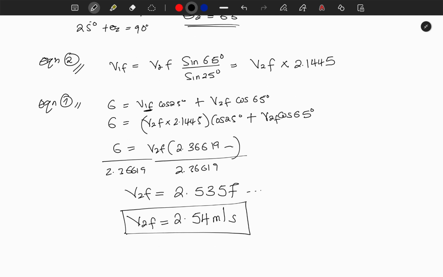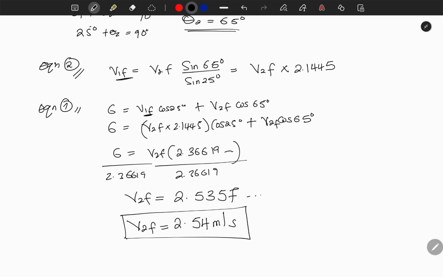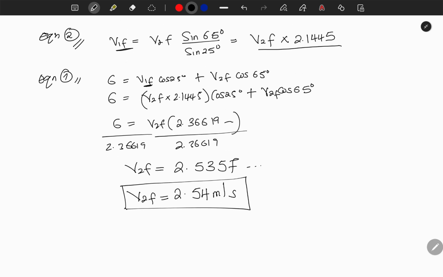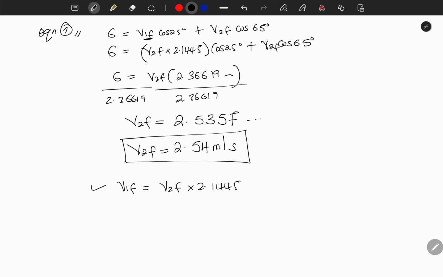Now we're doing v1f. Recall that we said v1f is equal to v2f multiplied by 2.1445. So if we substitute here, it's 2.5357 multiplied by 2.1445. Let's write the whole of it without even rounding it.